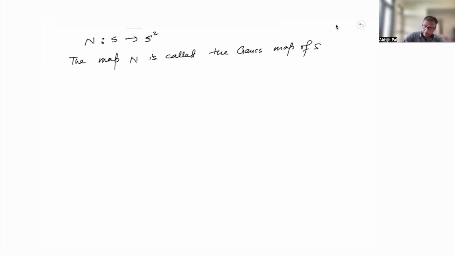Okay, and so this N will also be a differentiable map because n bar is differentiable, and translation is also a differentiable map. So therefore N is a differentiable map.